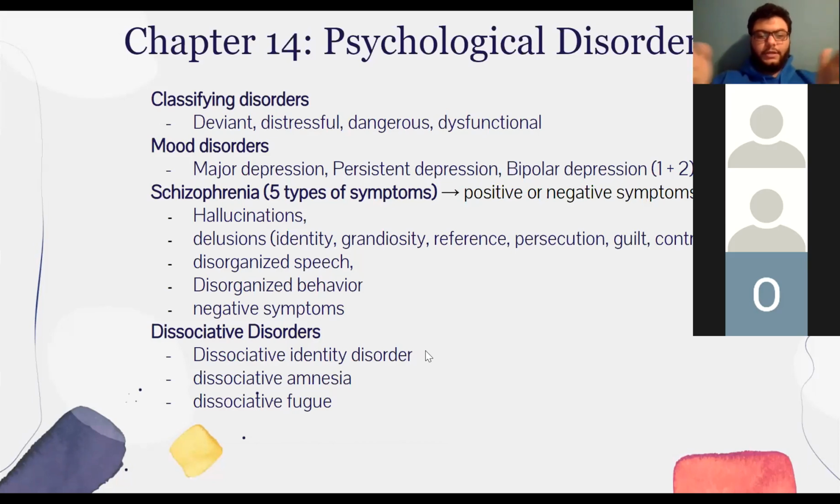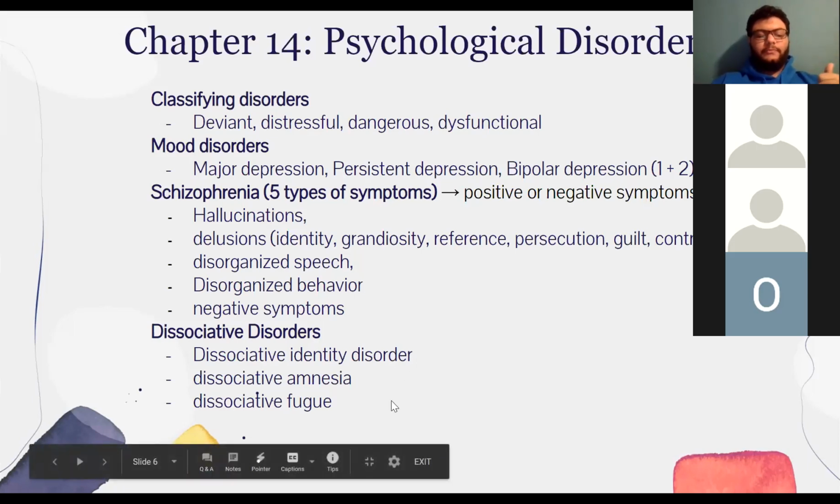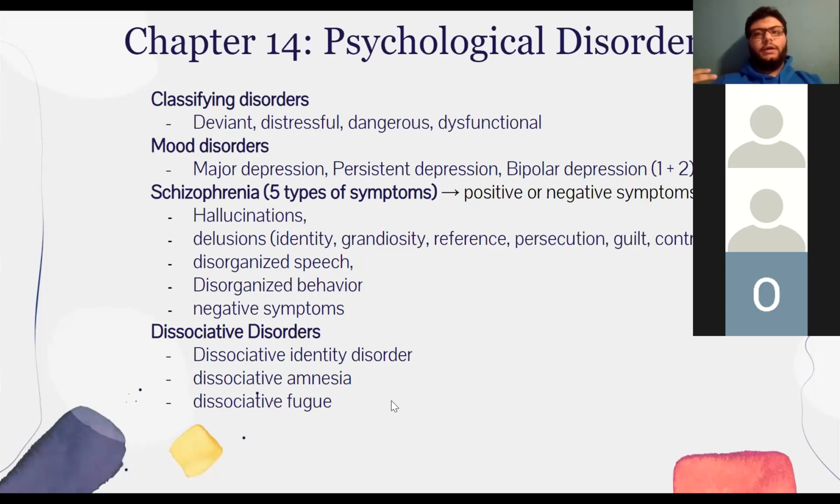So they're separating their memory, so to say. And dissociative fugue is the loss of memory and identity. So say I took a walk in the park and something happened, and I lost all my identity. I didn't know who I was at the time. That's obviously not a very good example.